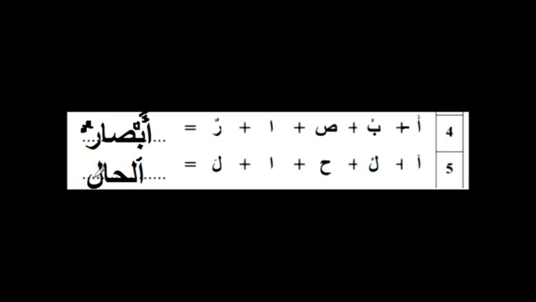Then we put the lam in its standard form. We'll go back and put our symbols, the fatha, the sukoon for the lam, and that would be the end for our first 5 rows.